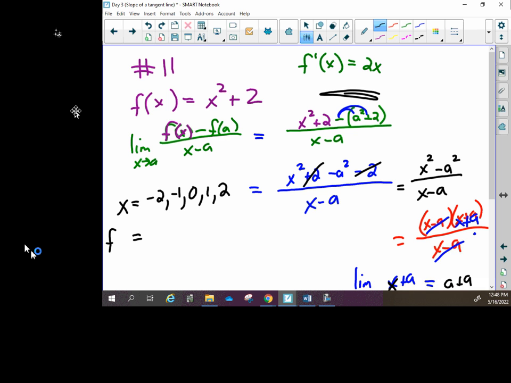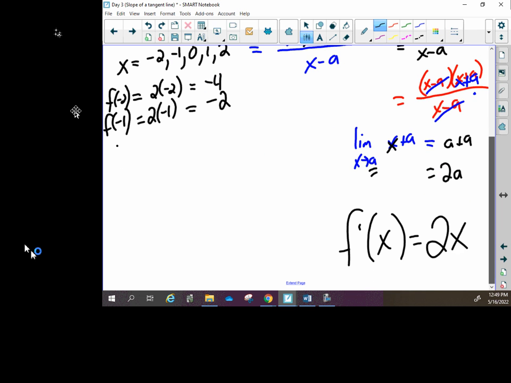Alright, so we're going to find f of -2: 2 times -2 is -4. f of -1: 2 times -1, which is -2. f of 0: 2 times 0, which is 0. f of 1: 2 times 1, which is 2.